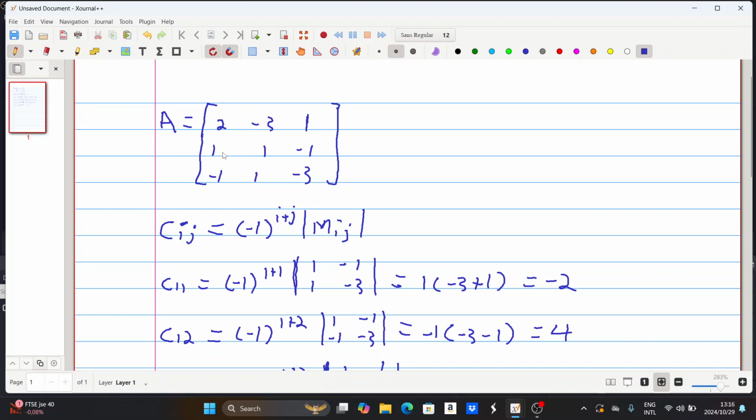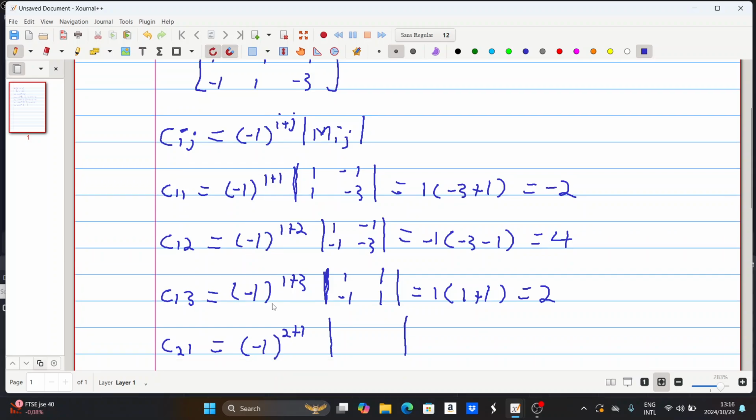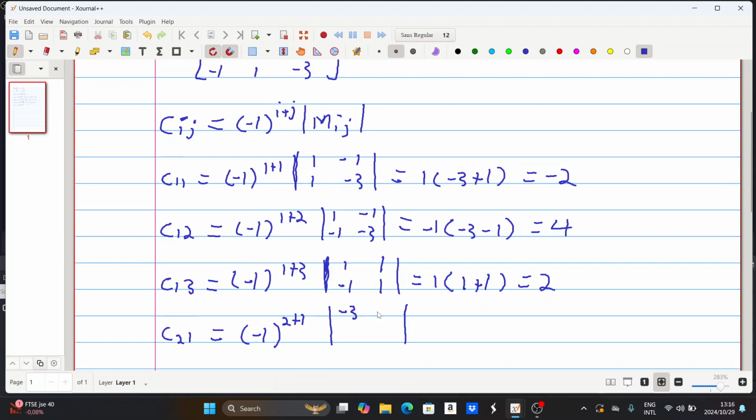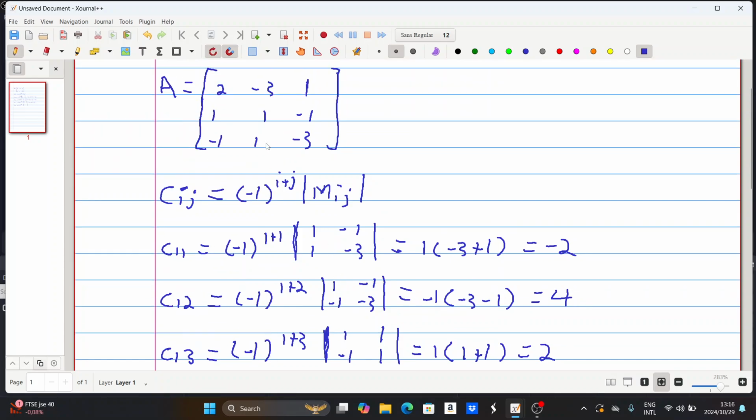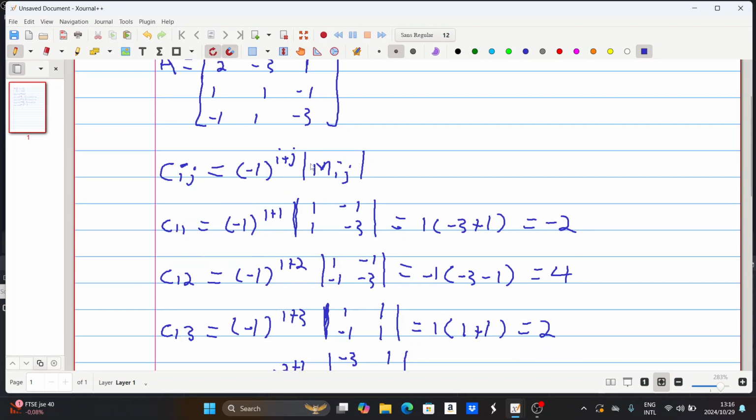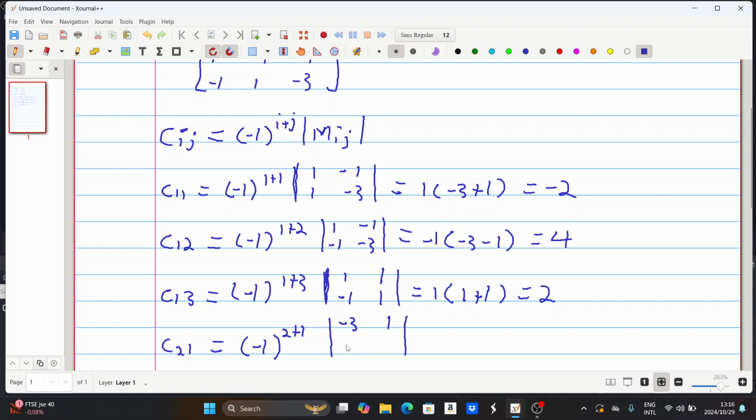And then for our minor, we're going to close here and here. We should have minus 3, 1, 1 and minus 3.